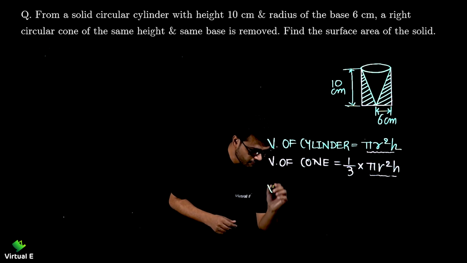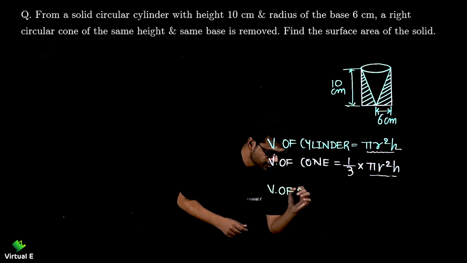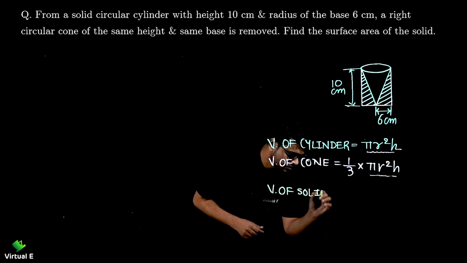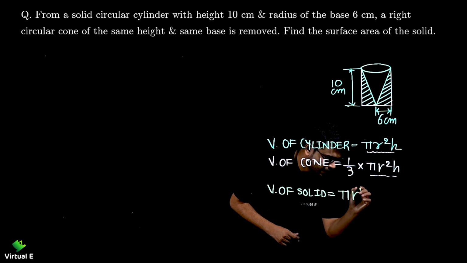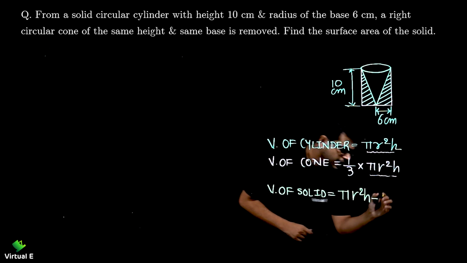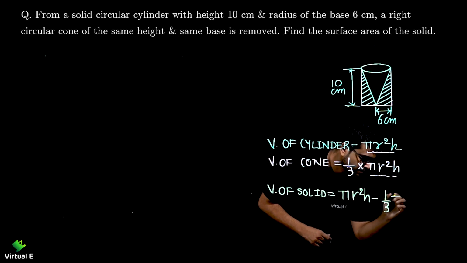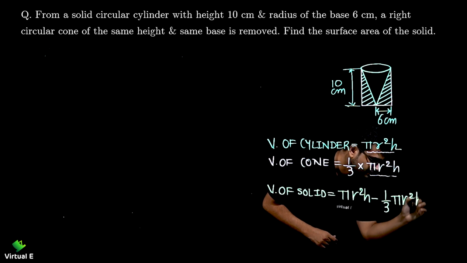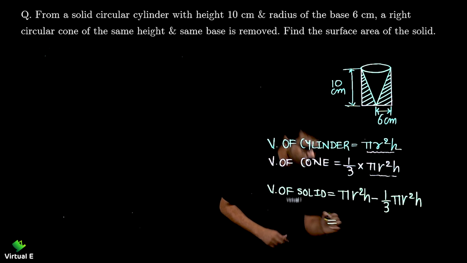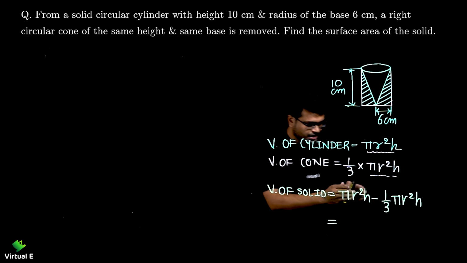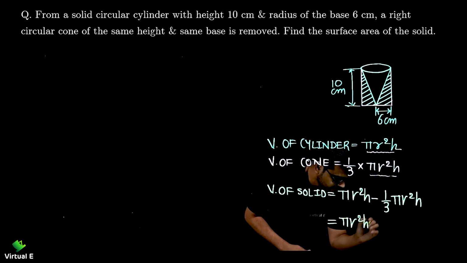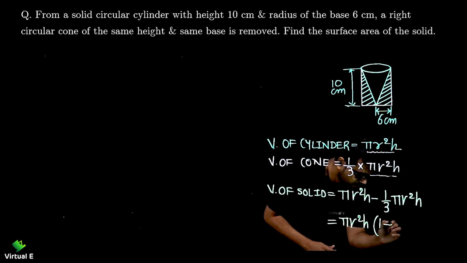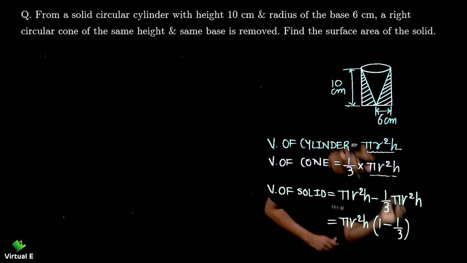So volume of solid. What I will be writing: volume of cylinder, pi r square h, minus 1/3 pi r square h. Now let's take the things which are common. Pi r square h is common, and there's nothing left, so 1 minus 1/3, right?